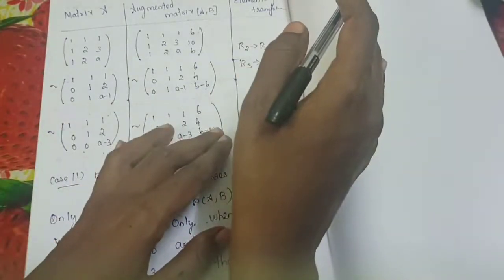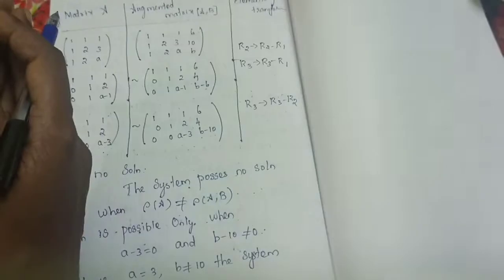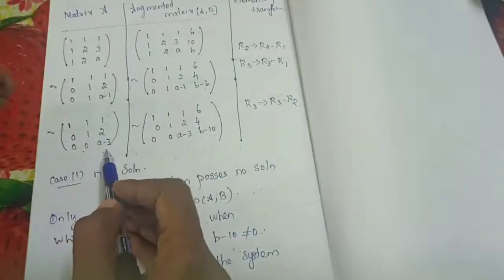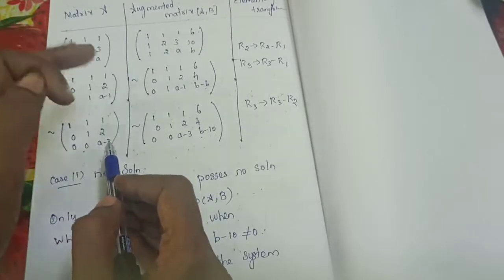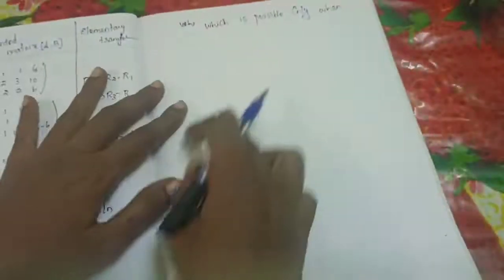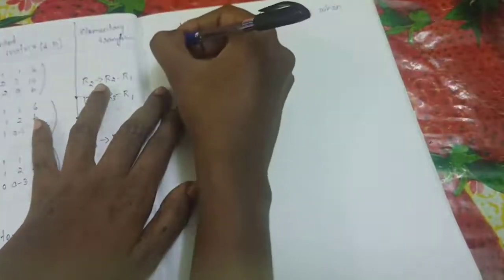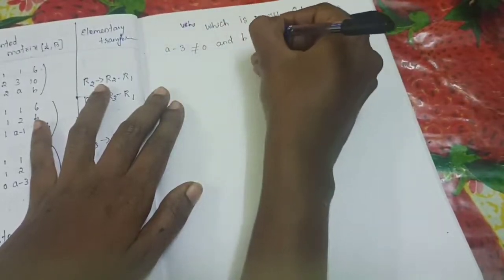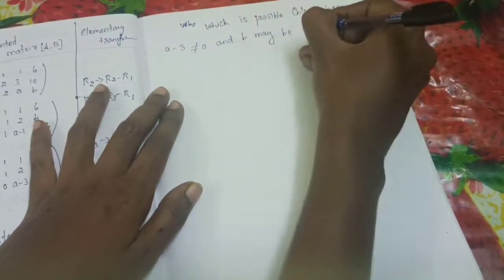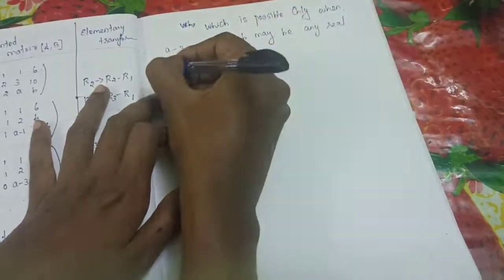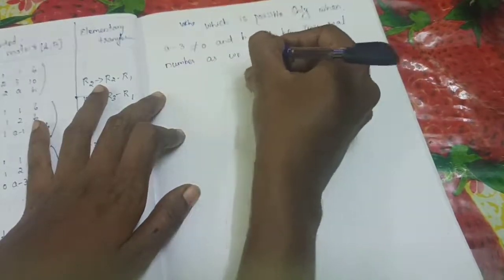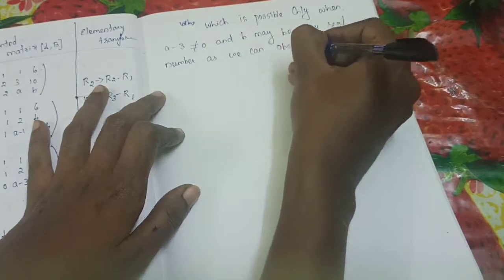So here you need rank of A to be equal to rank of [A, B], and that also must equal 3. So because of that, if a minus 3 is not equal to 0, then only you will get rank of A equal to rank of [A, B]. Understand? Which is possible only when a minus 3 is not equal to 0 and b may be any real number, as we can observe, no problem at all.